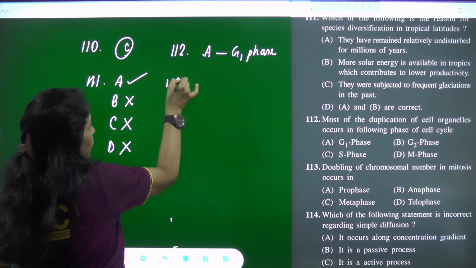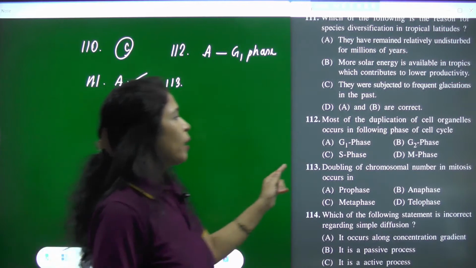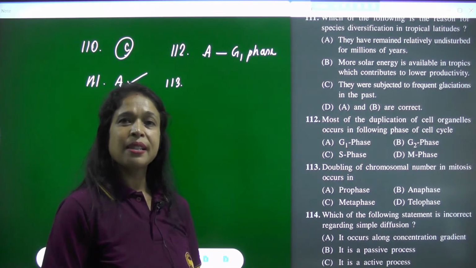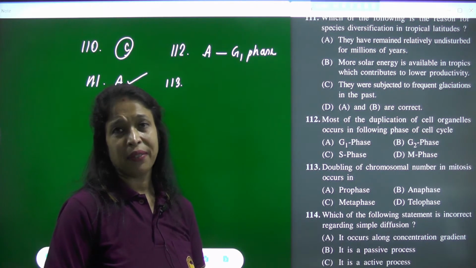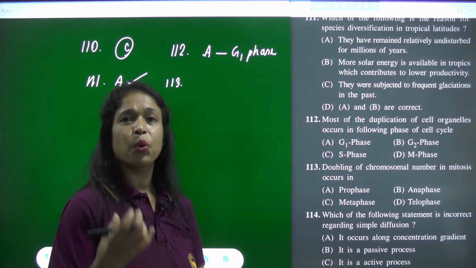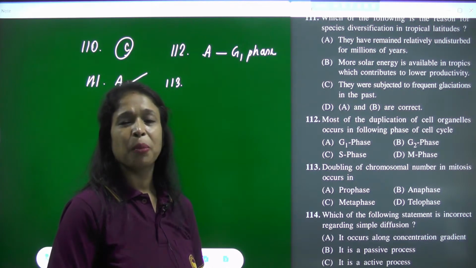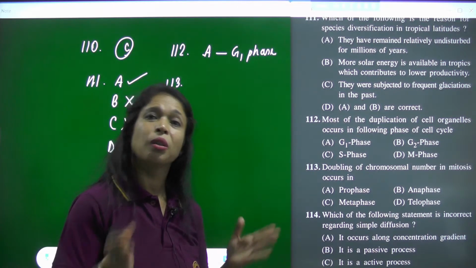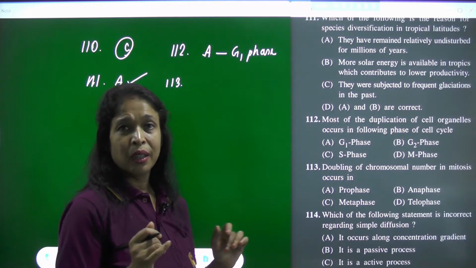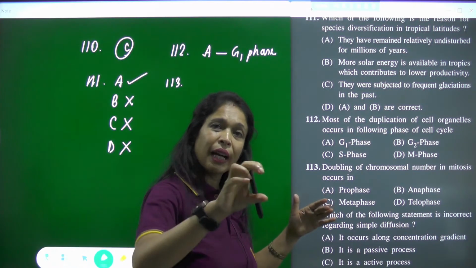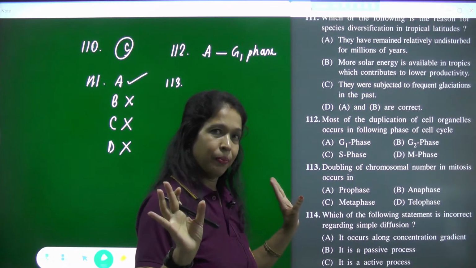Next, 113. Doubling of chromosome number in mitosis. Well, students, mitosis is equational division. That is, daughter cells receive the same chromosome number as the parent cell. Daughter cells do not get double the chromosomes compared to the parent. So in which phase of mitosis will the doubling of chromosomes be there?